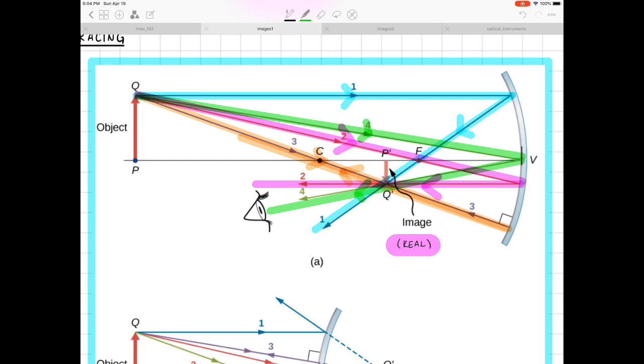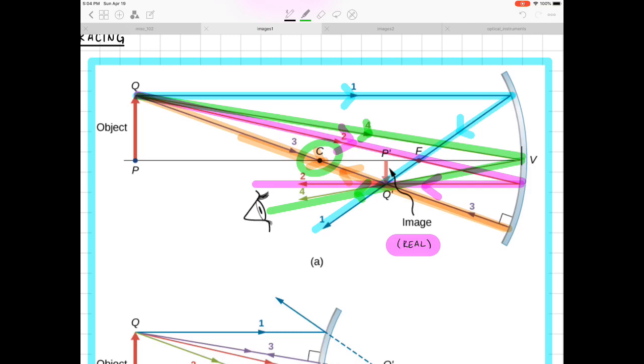So rays 1 and 2 are rays that you can always draw, easy to identify. Ray 3, sometimes you'll only know where the focal point is for your mirror. So ray 3 might be a little bit difficult to draw because you'll have to go twice as far away as the focal point to find where the center of the sphere is.